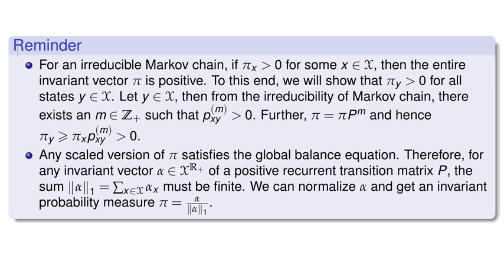This allows us to normalize alpha to get an invariant probability measure pi by setting pi equal to alpha divided by its L1 norm.